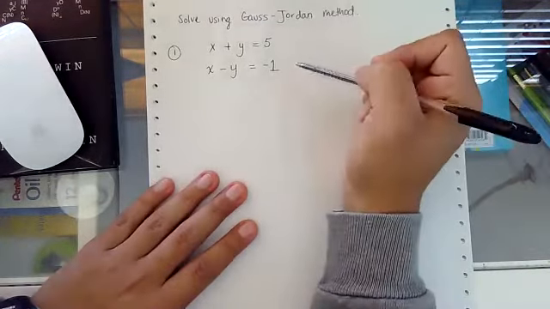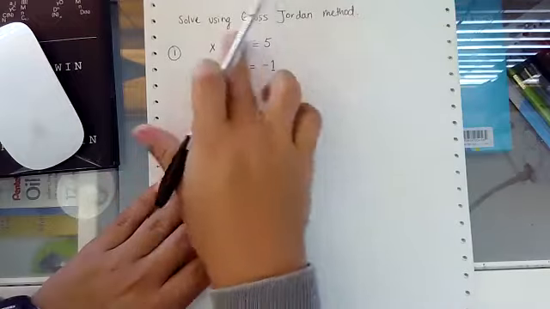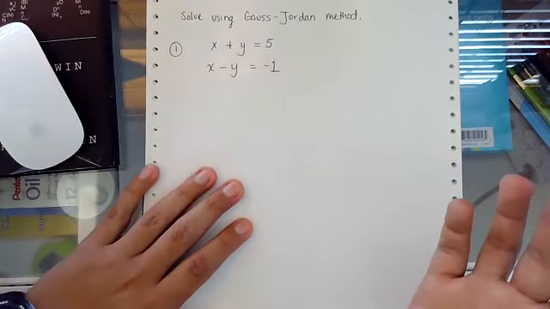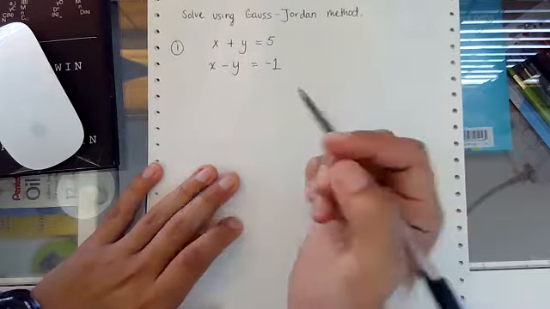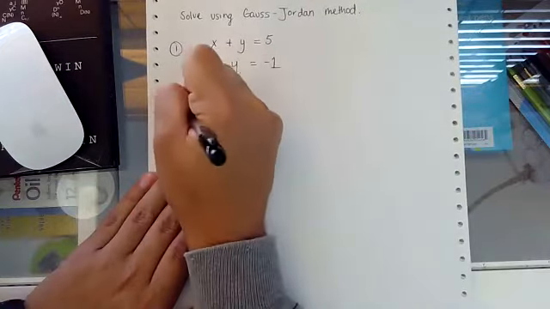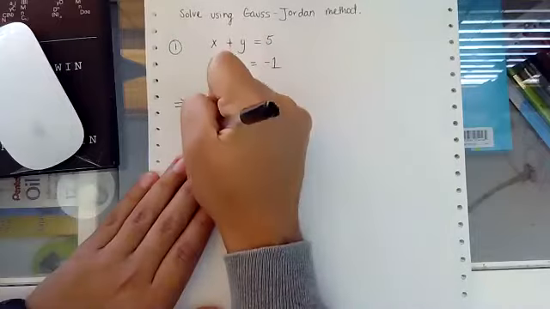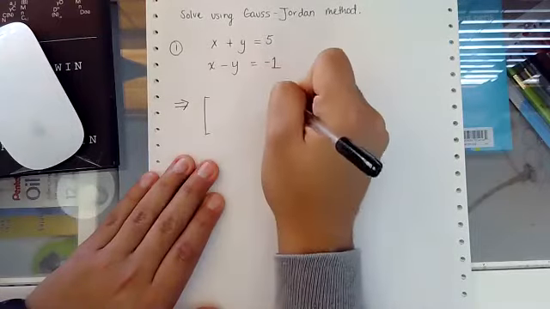So just to start off, as soon as they tell us to solve using the Gauss-Jordan method, we need to throw this into a matrix. I'm just going to go ahead and throw this into the matrix.